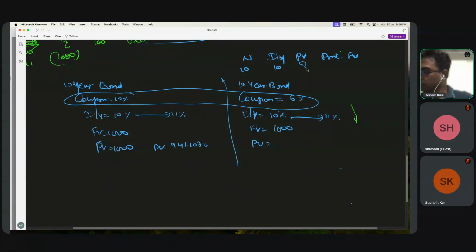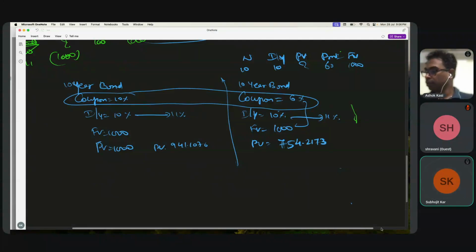And then present value you have to calculate. Payment is 60, future value 1000. Calculate the present value. 754.2173. Okay.